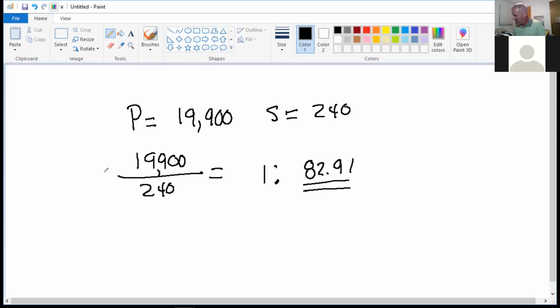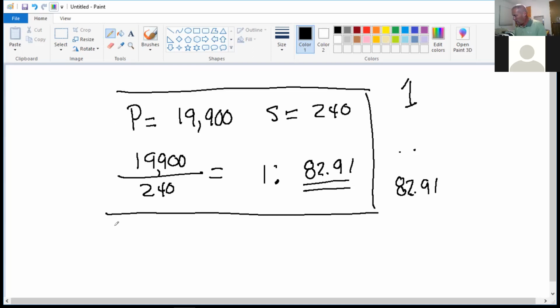If you want to get away from my transformer picture, I'm just going to use this one because we've got it already up. Sorry about that, let me undo that. 1 to 82.91. Now, when we give the quizzes and ask these questions, you're going to have to figure out what the ratio is, and we're going to give you one of the amp values.